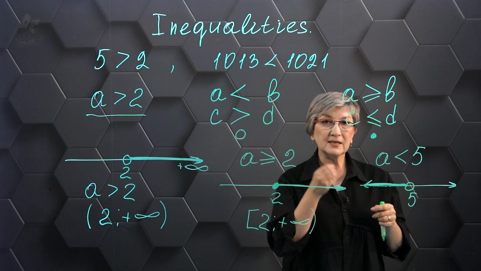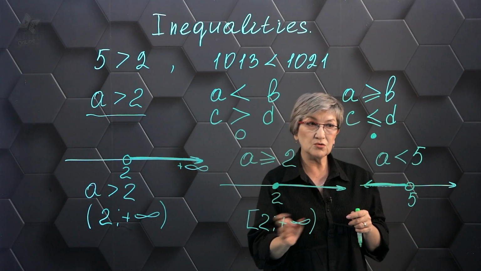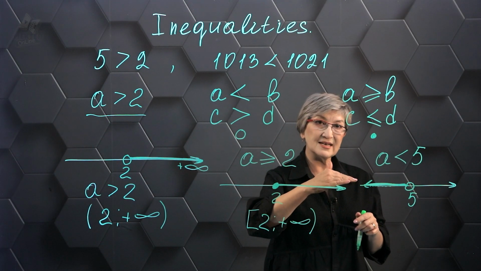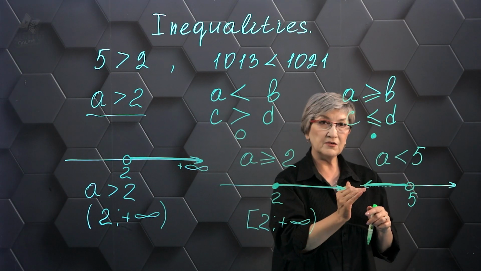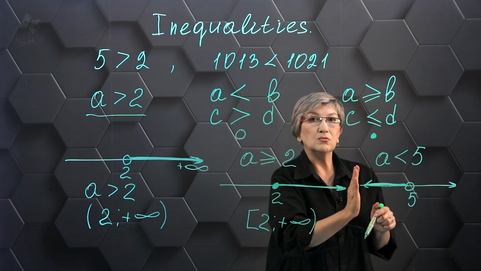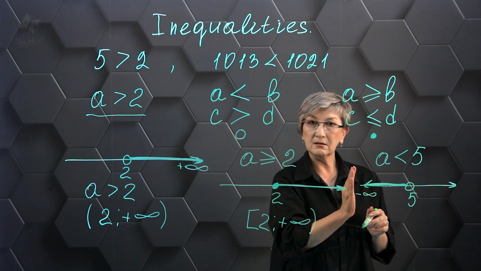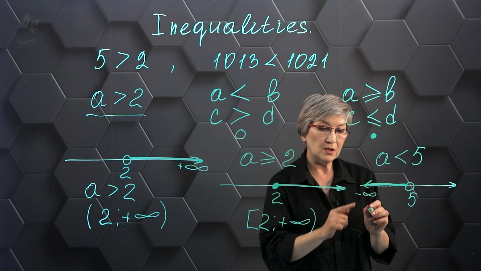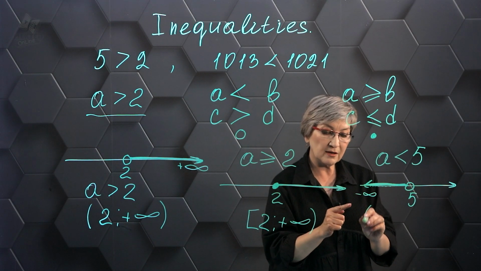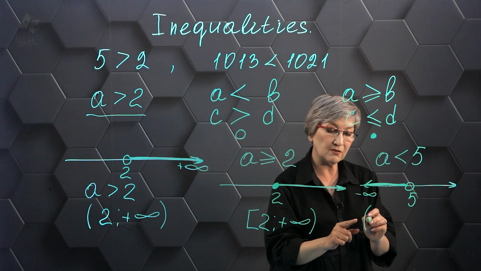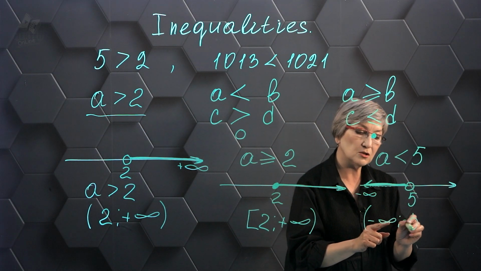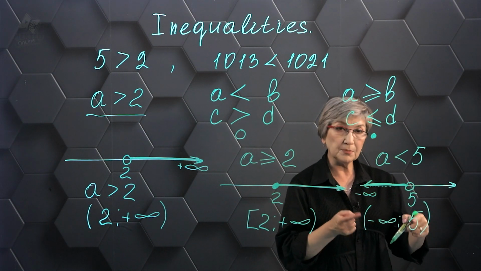Well, in order to write this solution as an interval, we will also move from left to right. And we can see that we have a solution on the left. But the smallest number we don't have. That's why I'm writing that the solution to this inequality is the interval from minus infinity to 5. And the parentheses will be round.